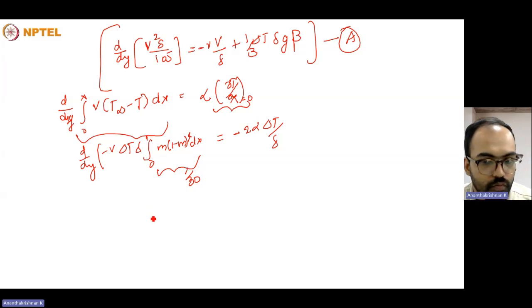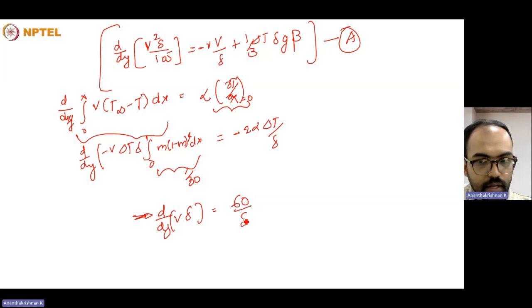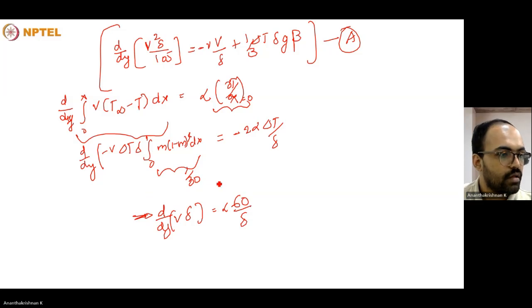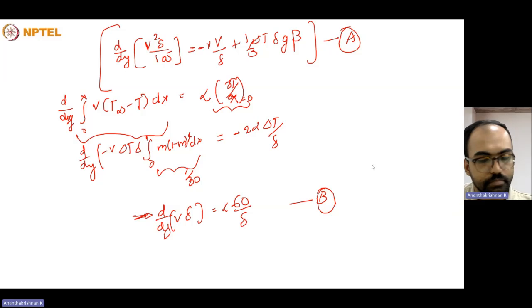So the reduced form of this equation will become d by dy of v delta is equal to 60 by delta into alpha. This could be written as B. So we have two reduced forms of equations, one for the momentum equation and one for the energy equation.